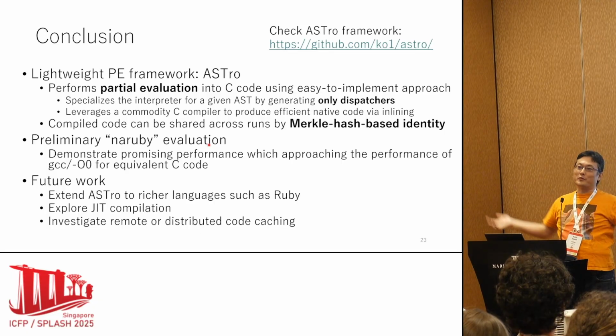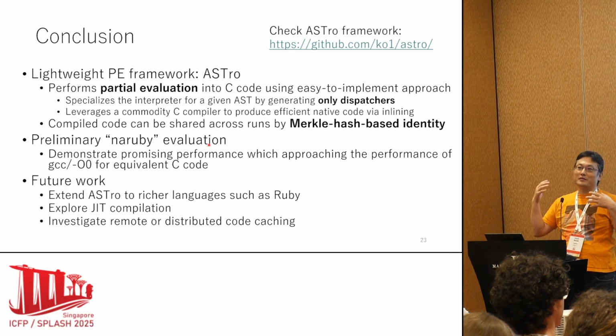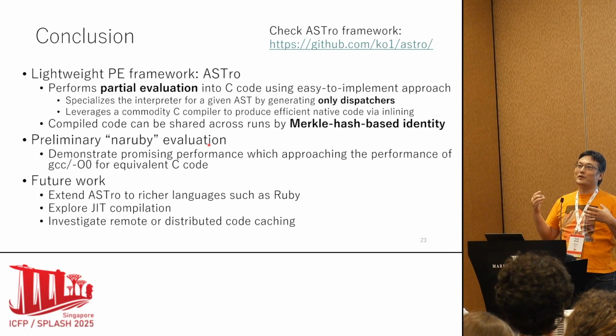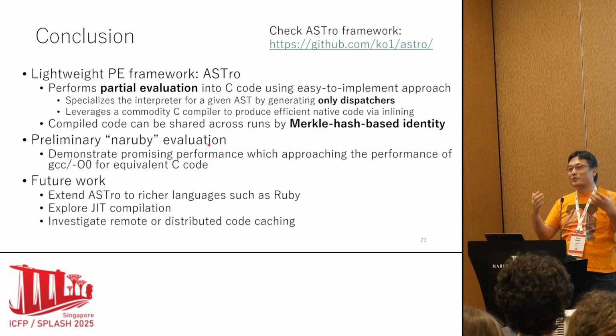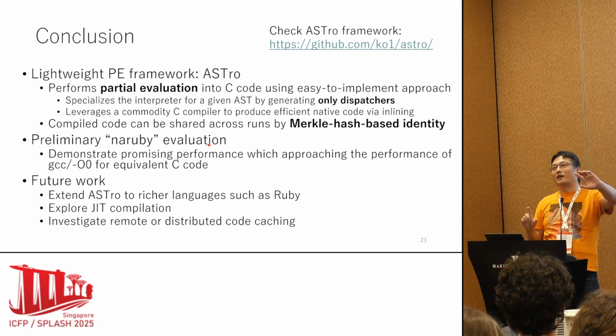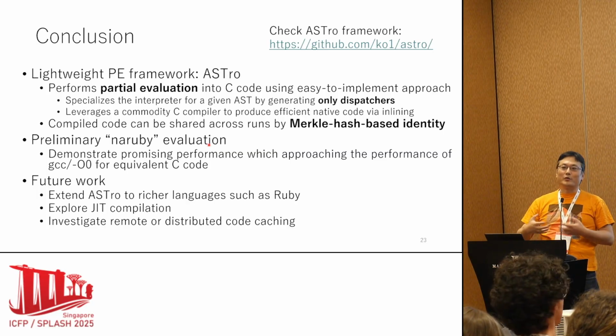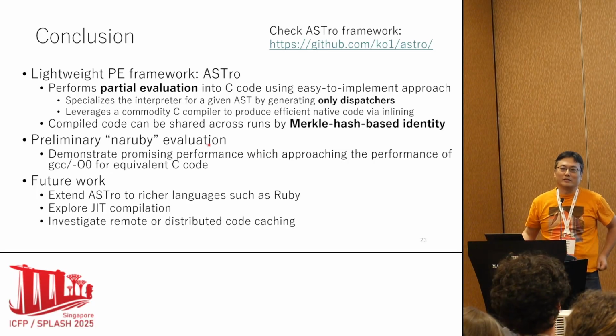So we can get a bigger AST without complicated things. So this is why we chose the AST for optimization. But of course, we can calculate the hash value for the bytecode. So a similar idea we can use, I think.